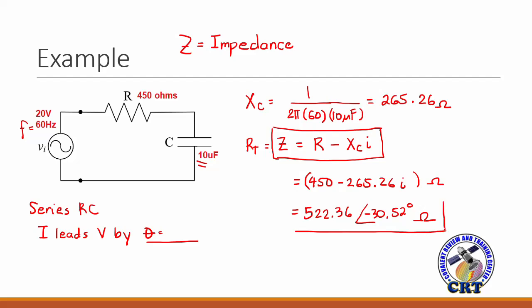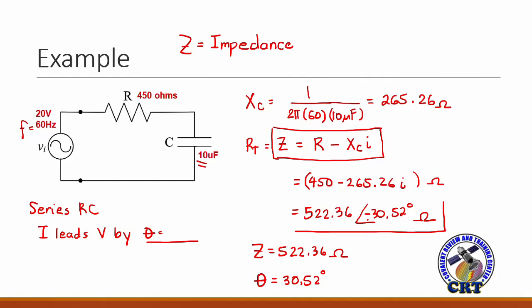Okay? So in RLC computation in your circuits, the impedance is equivalent to 522.36 ohms. And the theta is equivalent to 30.52 degrees. And since this is negative, it means capacitive circuit.